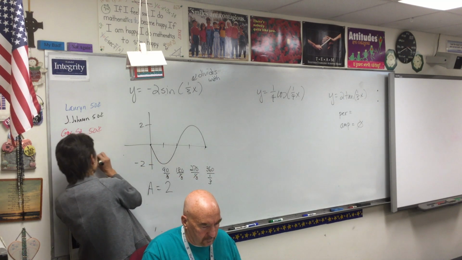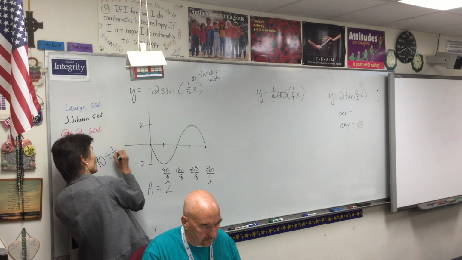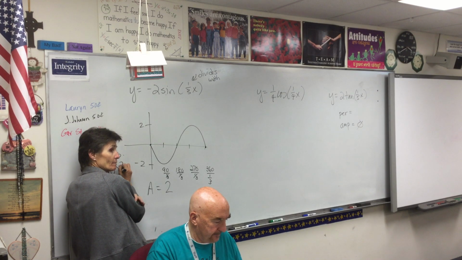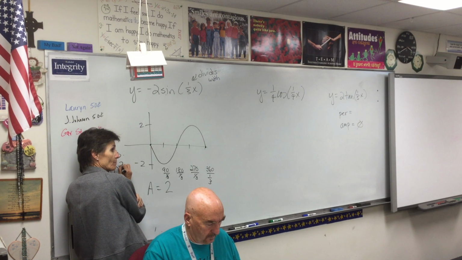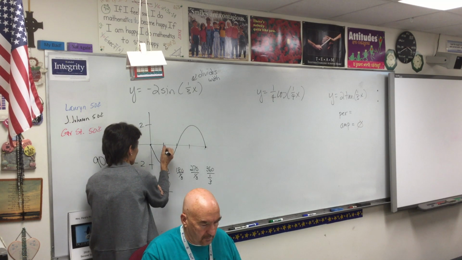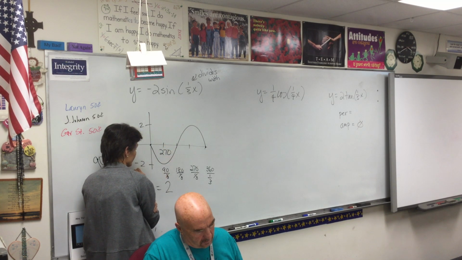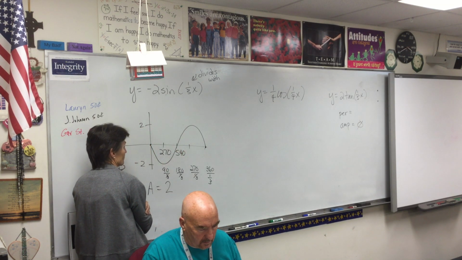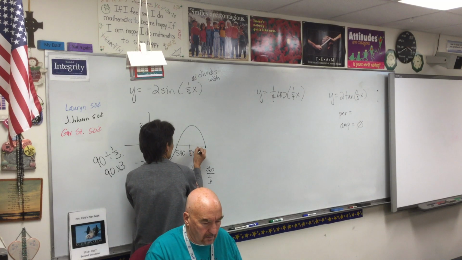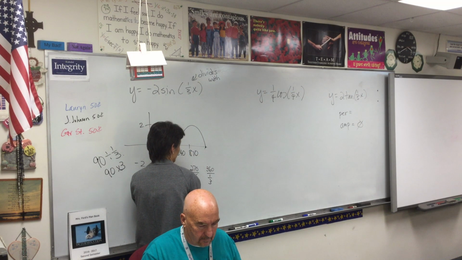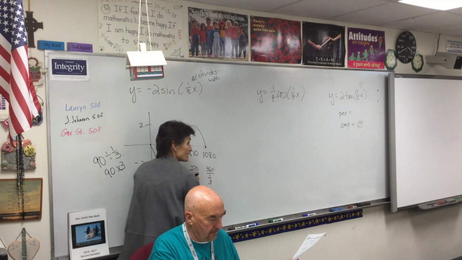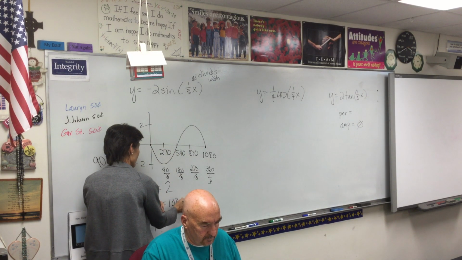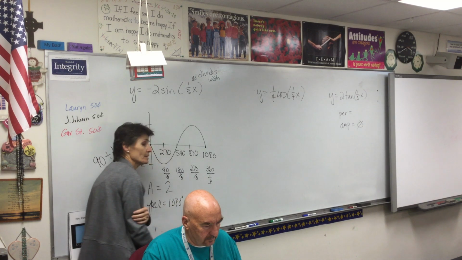So 90 divided by 1/3 is 90 times 3. 270. So this one's going to be 270, 540, 810, and 1080. That's exactly right. So our amplitude is 2, but our period is 1080 degrees.